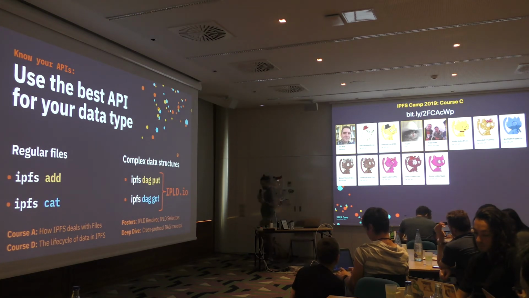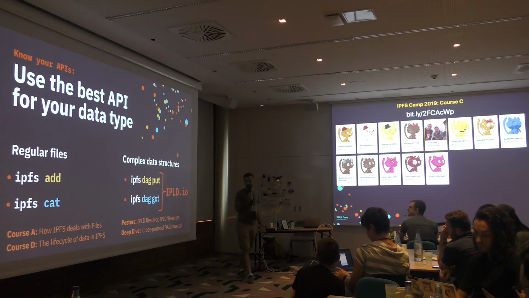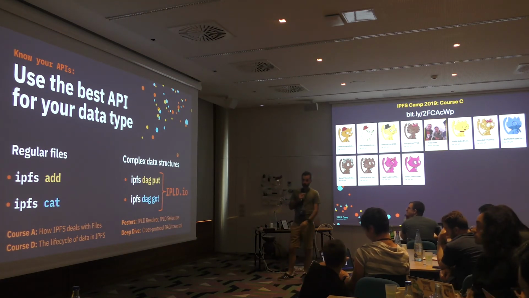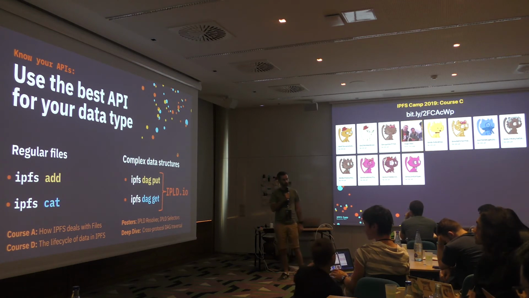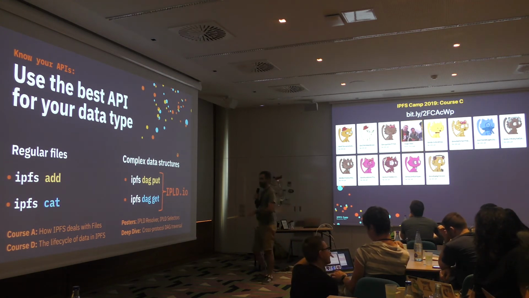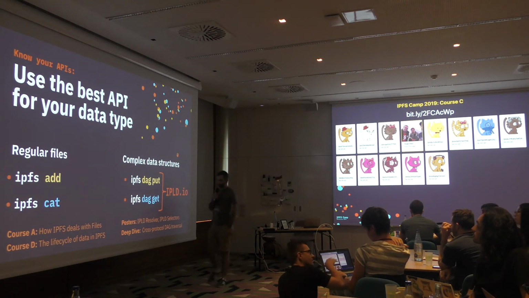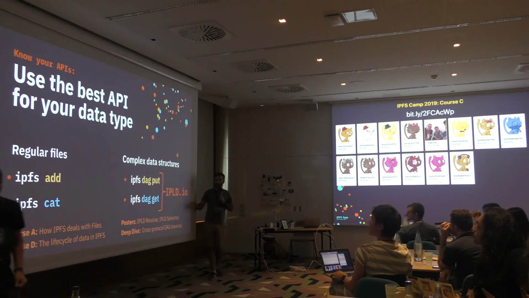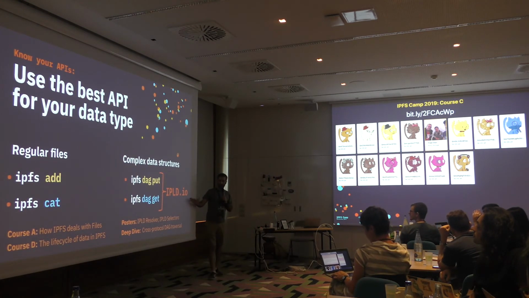We have the files API, which is basically IPFS add, IPFS cat. Yesterday you had some courses that hopefully explain to you how this stuff works, and you're going to use the first API. But for more complex structures, you can also use the DAG API.